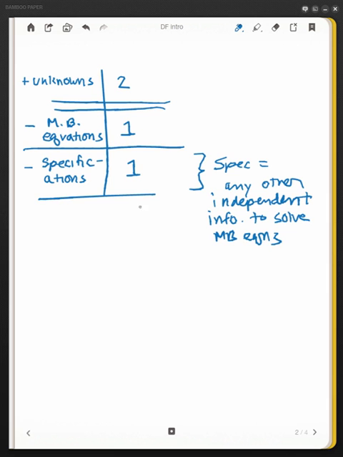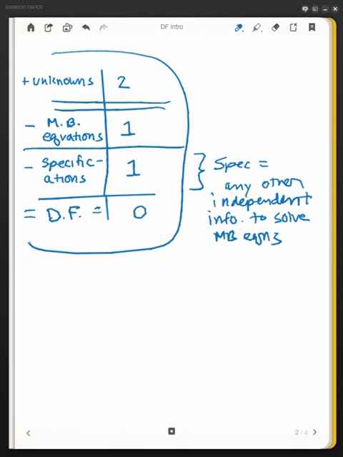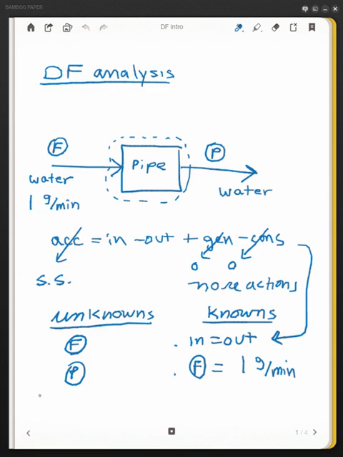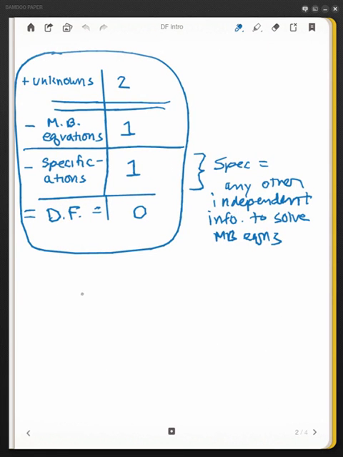So 2 minus 1 minus 1, and then we can write down here the degree of freedom is equal to 0. So that is obviously a very simple problem. And what I'm trying to help you do is be able to draw a chart like this really simply without first having to write out all the mass balance equations. Well, actually, we never did write out the mass balance equations.